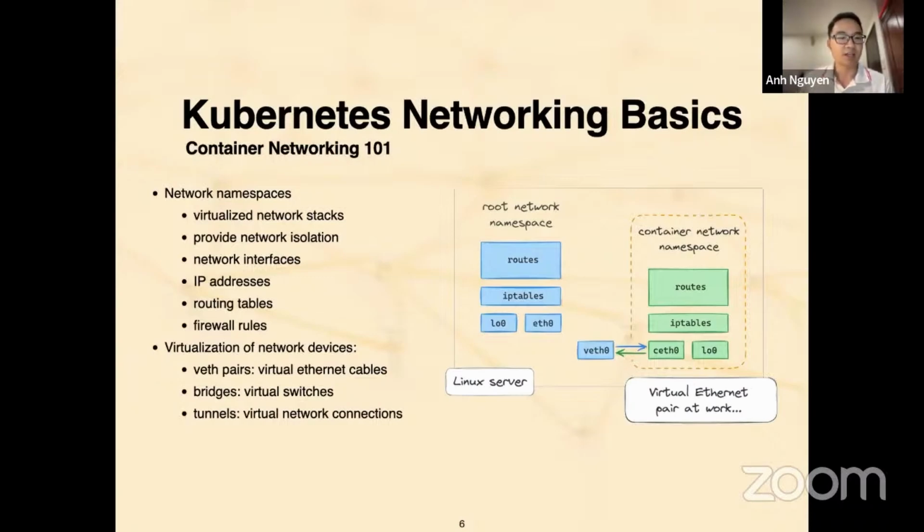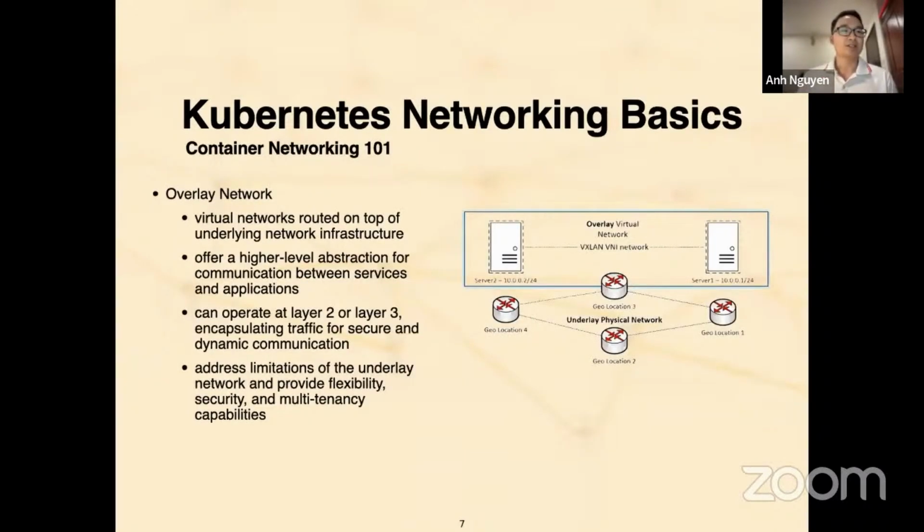Bridges are like virtual network switches used to connect multiple network namespaces and create a network segment. Tunnels are virtual network connections used to create overlay networks.